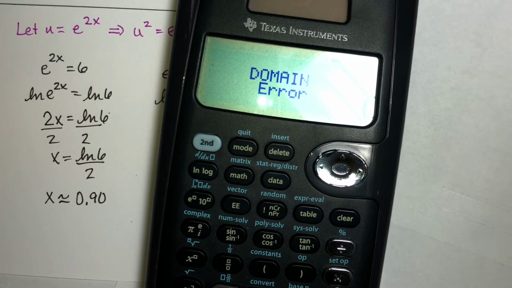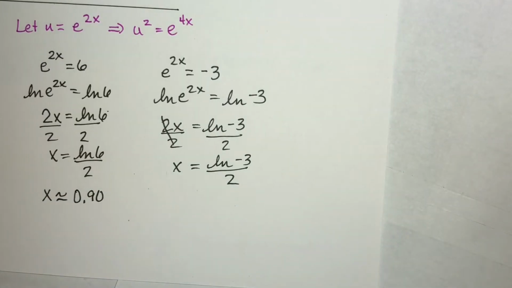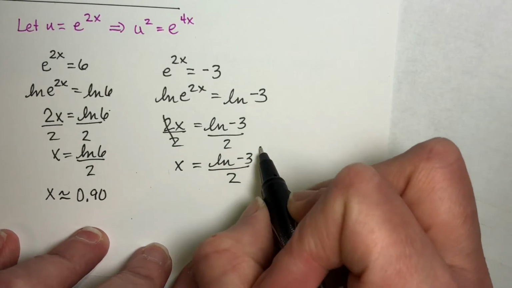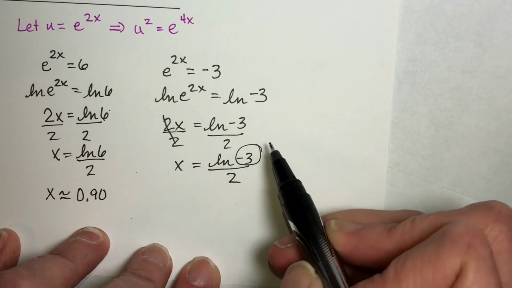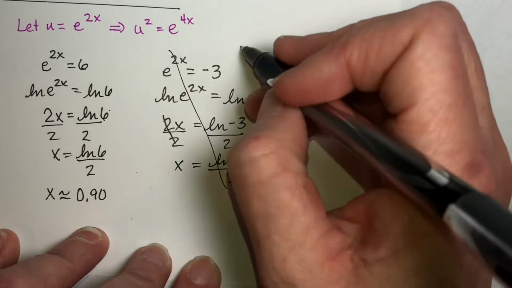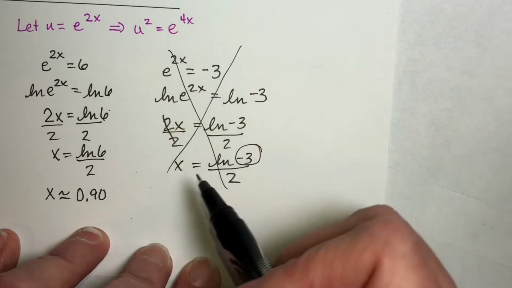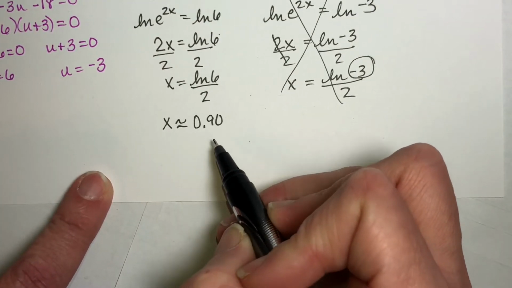What happened here? The analogy would be when we have a square root of a negative number. We know that doesn't make sense in that world, so we reject it. The same thing happened here. We cannot take a log of a negative number, so this just gets thrown away. This is an impossible solution. My only solution to this problem is 0.90.